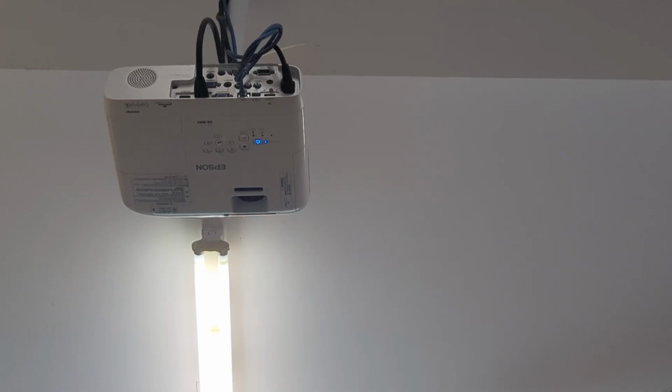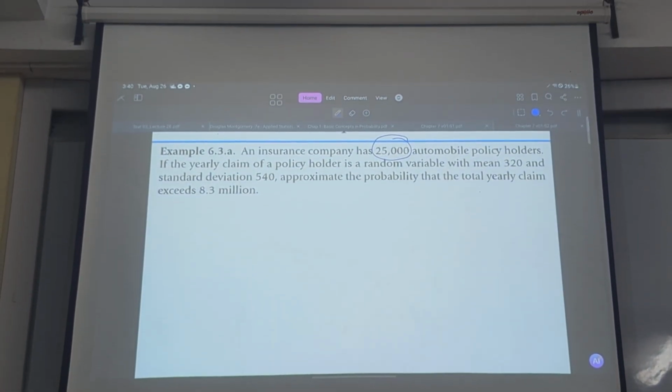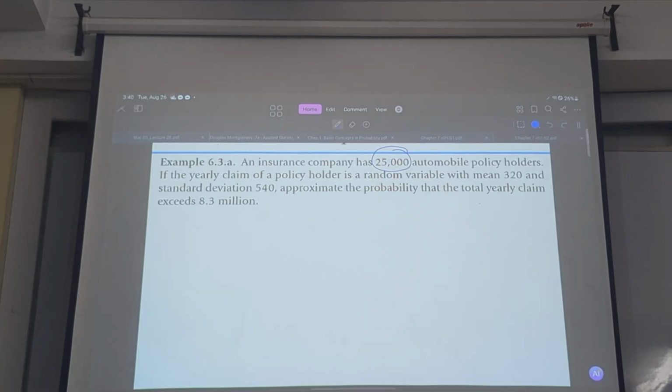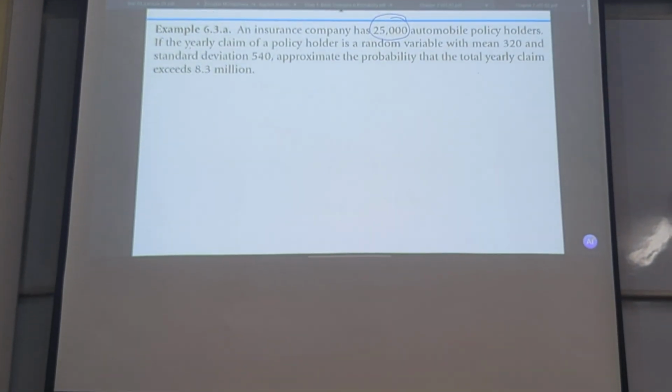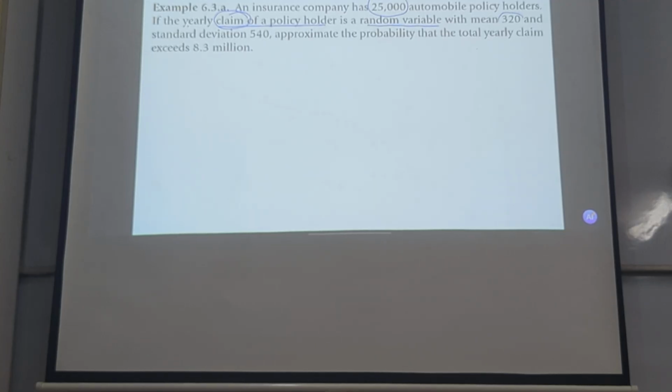Anyone solve it? The problem says in a car insurance company, the following clients are here. Each client may or may not claim a refund, right? If there is an accident or something like this, this is a random thing. And this amount that is claimed by a policyholder is a random variable with mean 320 and variance.